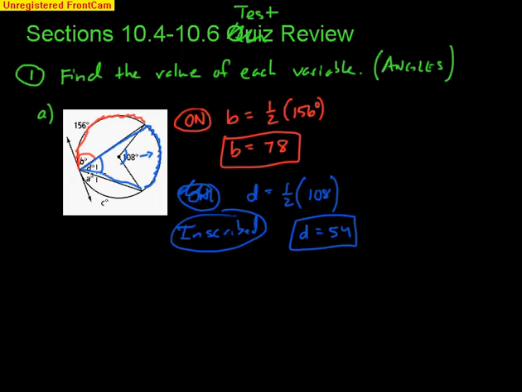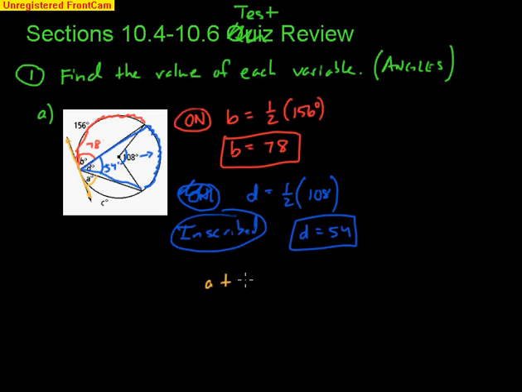So now we have B and we have D. So B, I'll fill in with 78. D was 54. Well, now to find A right here, these 3 angles, A, B, and D, all create this straight line. If we trace this line, so to find A, we use the idea that they're supplementary.